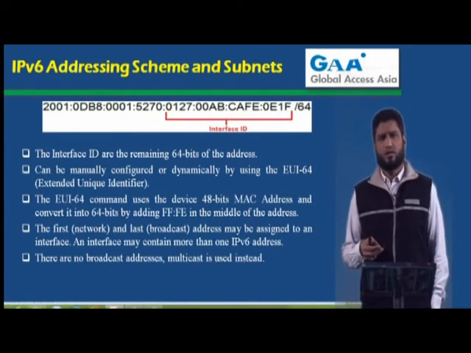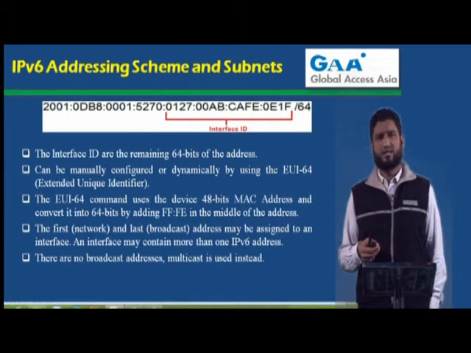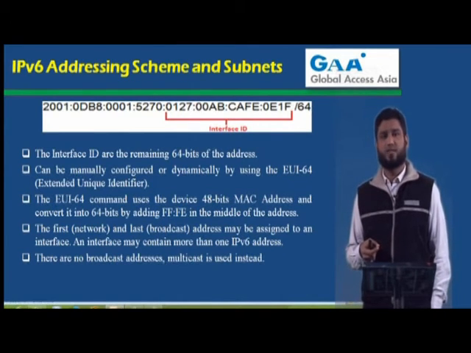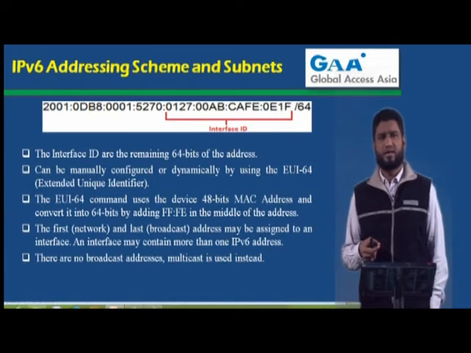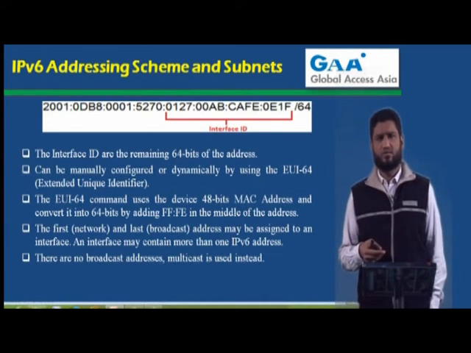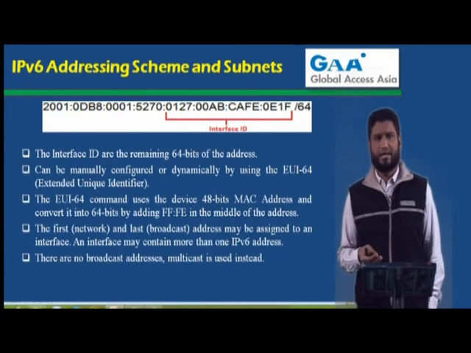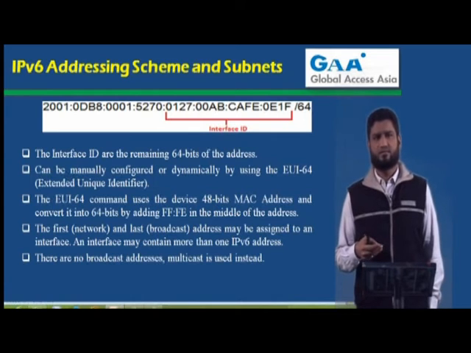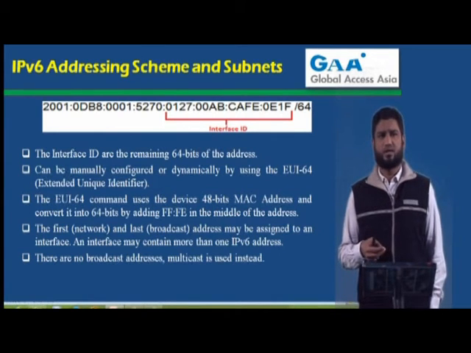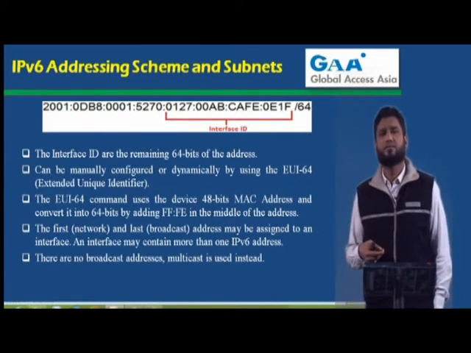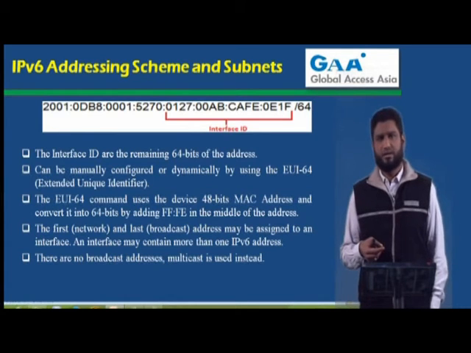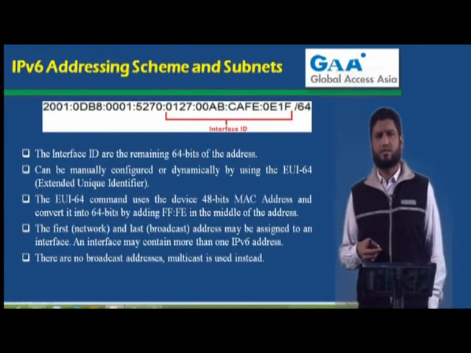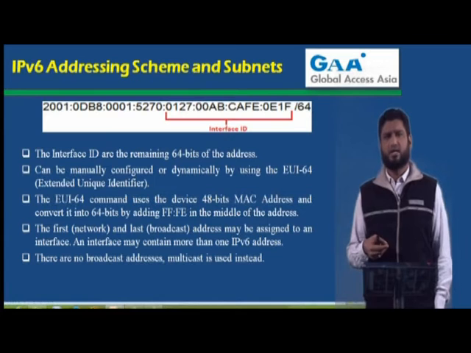As you know, the MAC address contains 48 bits and is also defined in hexadecimal: the first 24 bits are maintained by the IEEE, and the last 24 bits are for vendor identification. The first network and last broadcast address may be assigned to an interface. An interface may contain more than one IP address. There are no broadcast addresses; multicast is used instead.